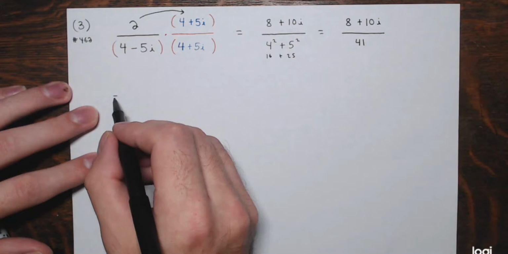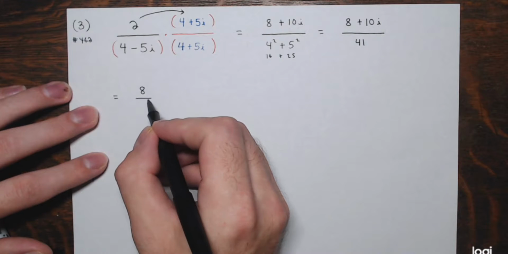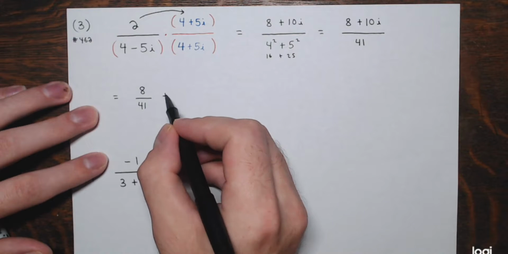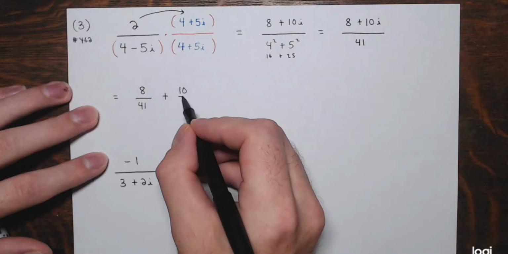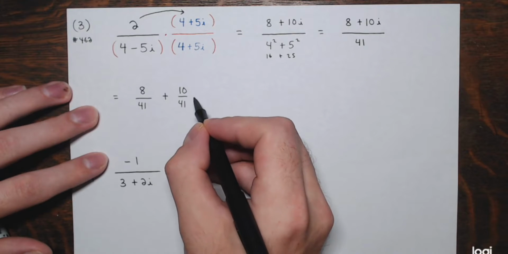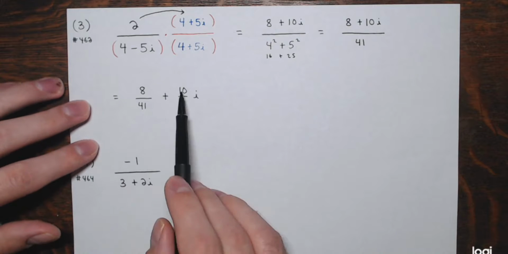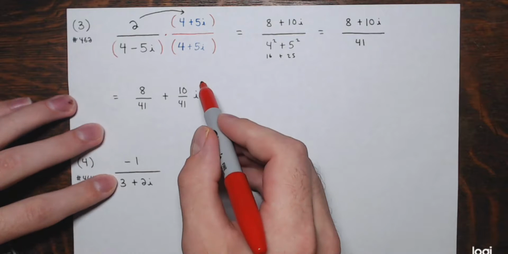We end up with 8 divided by 41, 8 41sts. There's your real number term, plus 10 41sts times i. And that's it. 8 41sts and 10 41sts do not simplify any further. You should, again, simplify your fractions if possible.